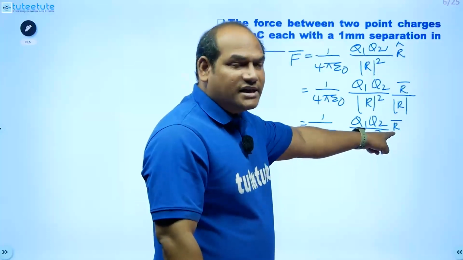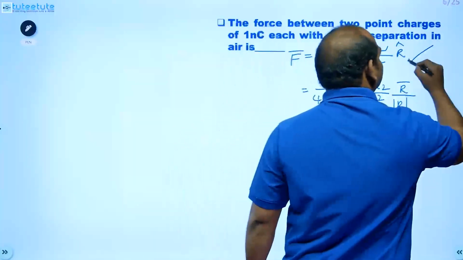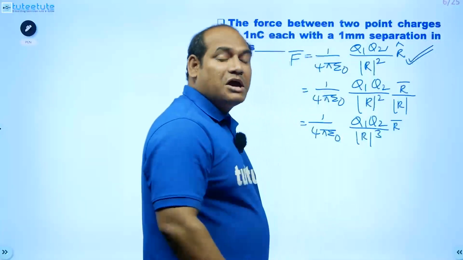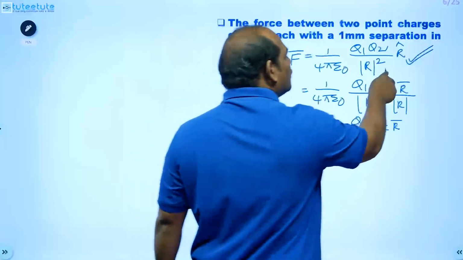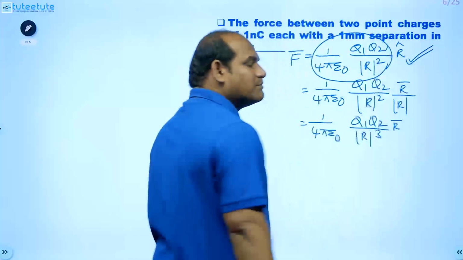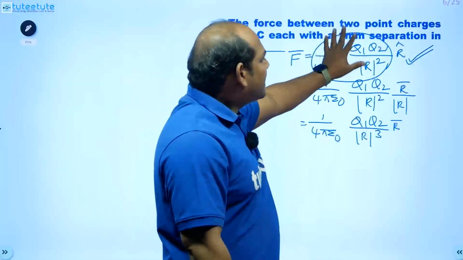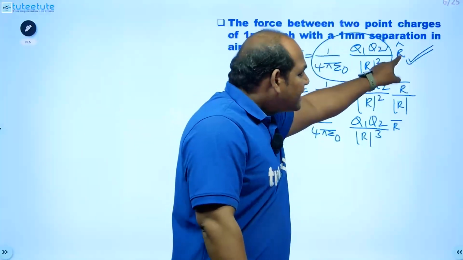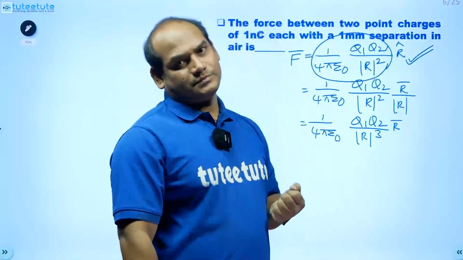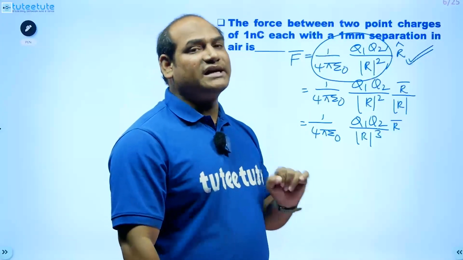So the basic thing is this: when we need the magnitude, surely you have to take this part only, and here you need to keep r cap. That is what you should not forget.